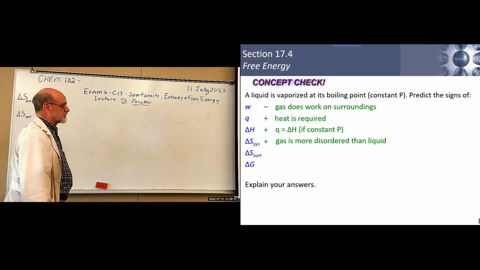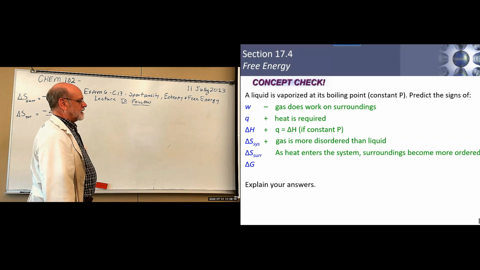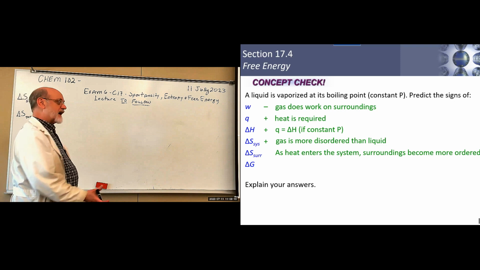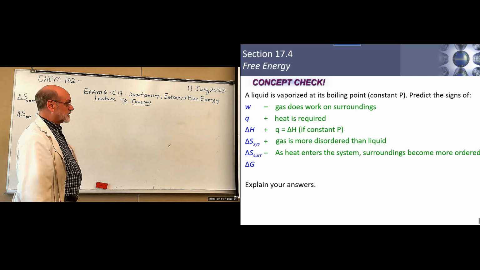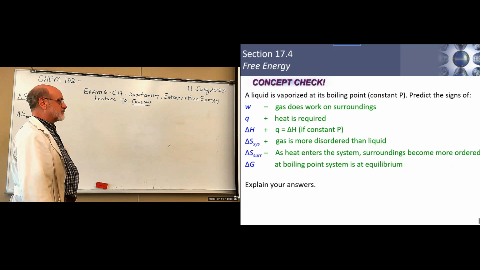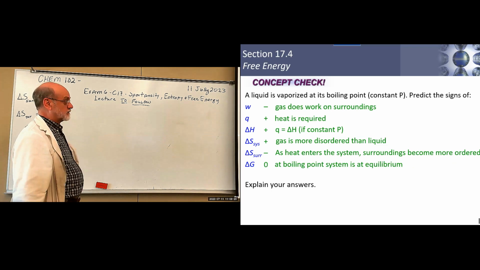How about the delta S for the surroundings? The surroundings have to become more ordered as we add heat to the system. So the surroundings are going to be negative. How about delta G? At the boiling point, the system is at equilibrium. So delta G is equal to 0.